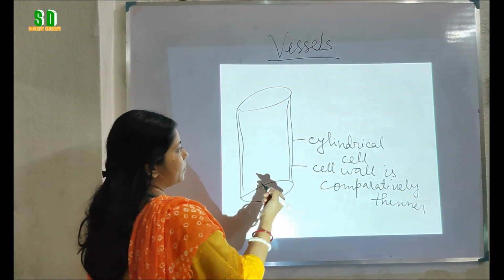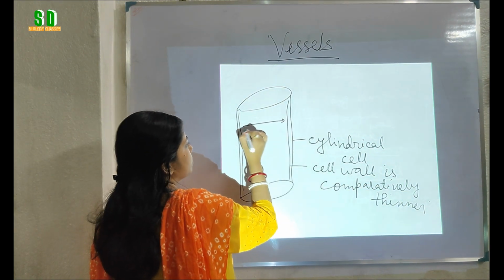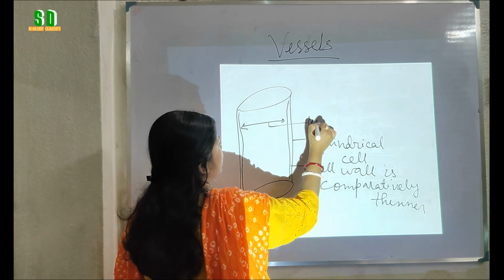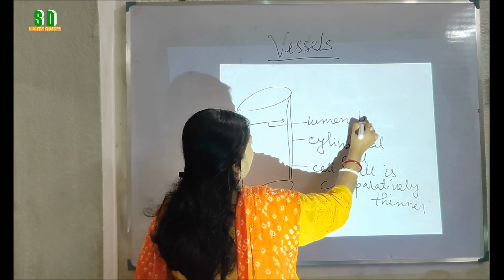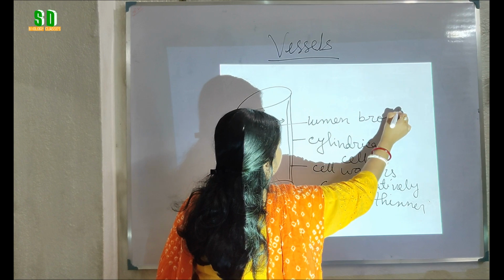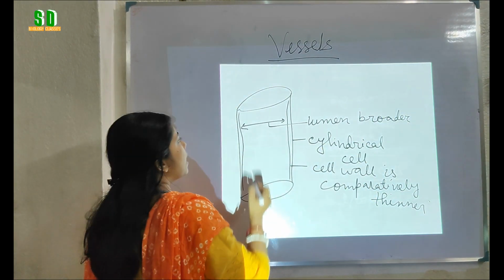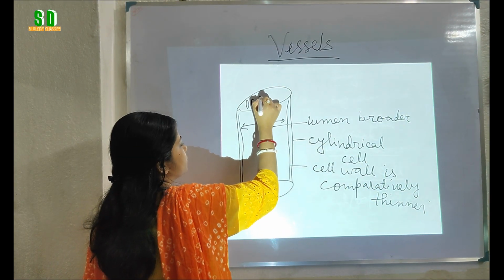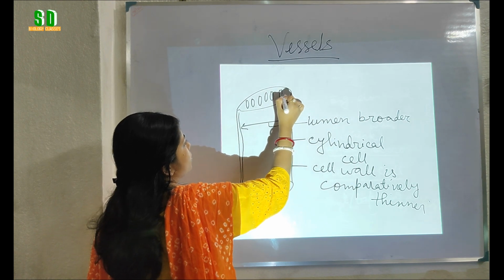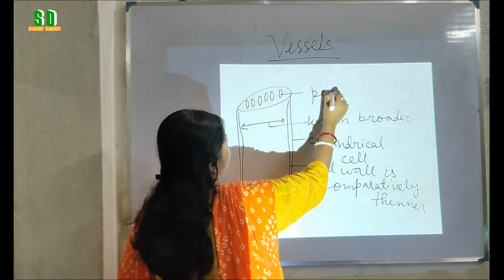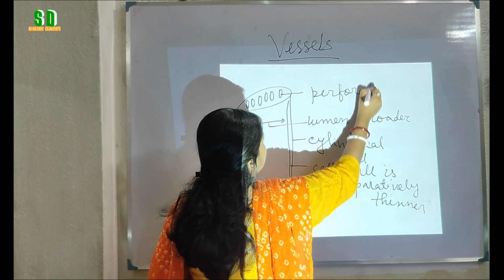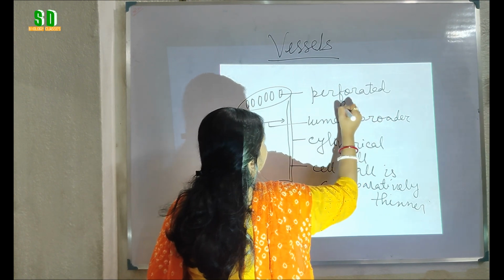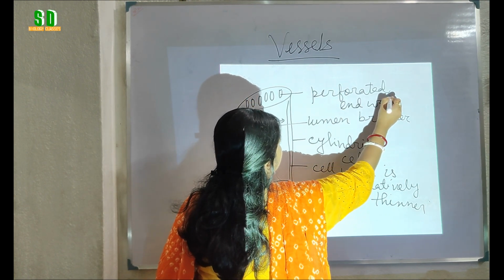As the cell wall is comparatively thinner, the inner part of the cell, that is the lumen, is broader. And at the end wall of the vessels, we will get perforation, a perforated end wall.